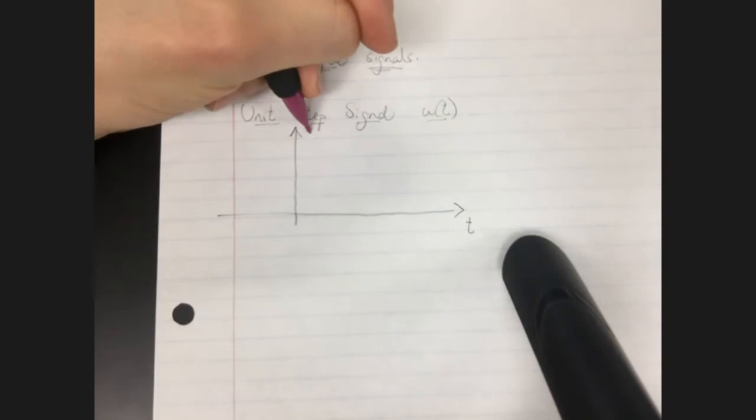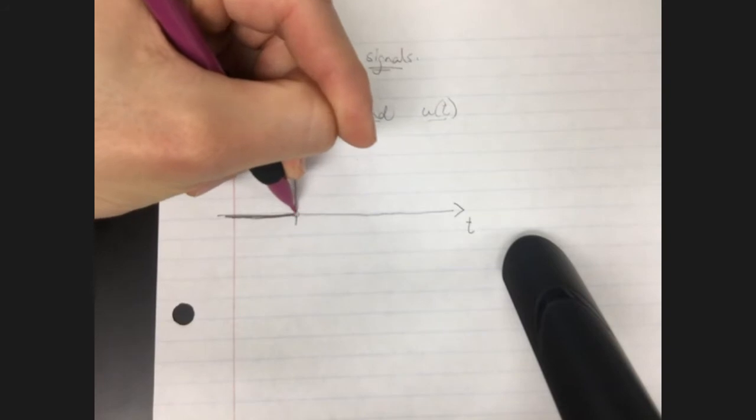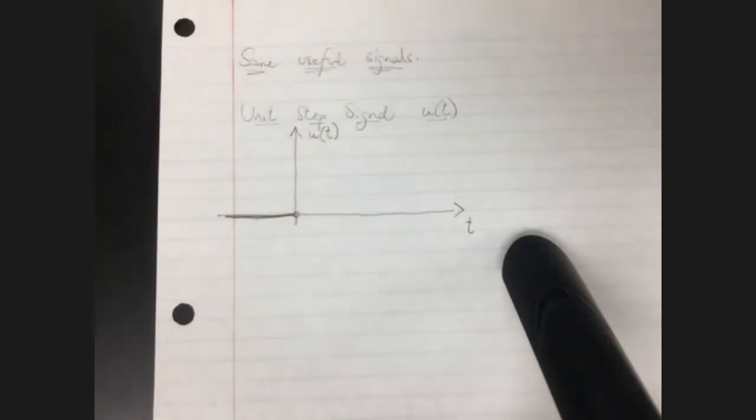I've got t here on my horizontal axis, and let's call it u of t on my vertical. Essentially, it takes a value of 0 up until t equals 0. I'm going to leave this with a little open circle right there.